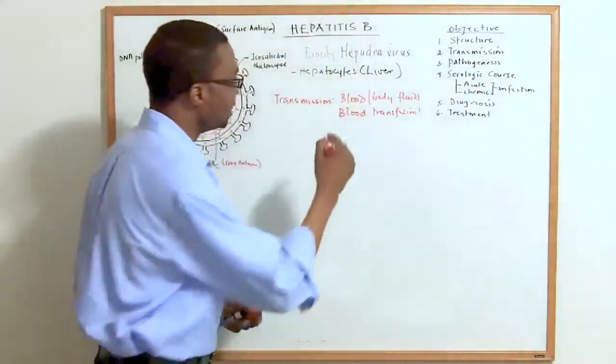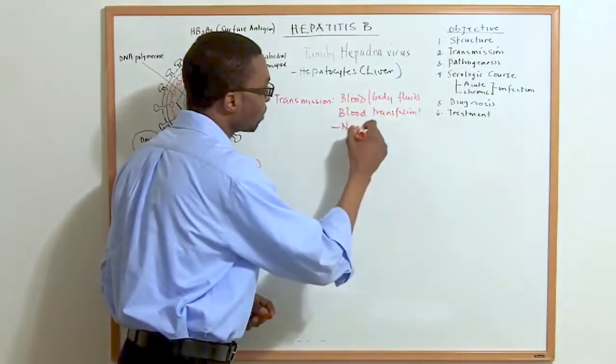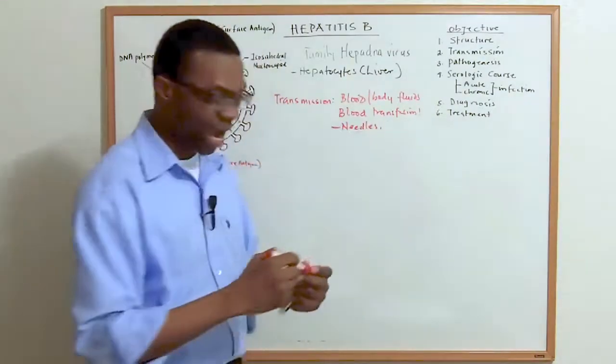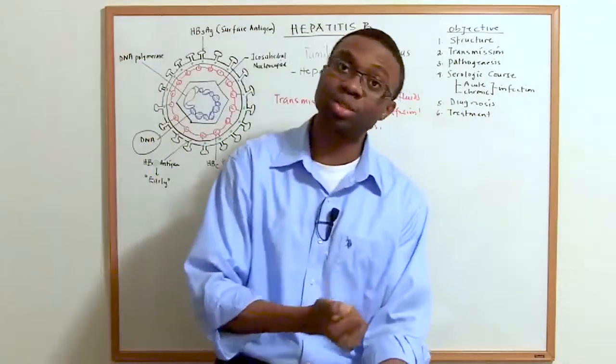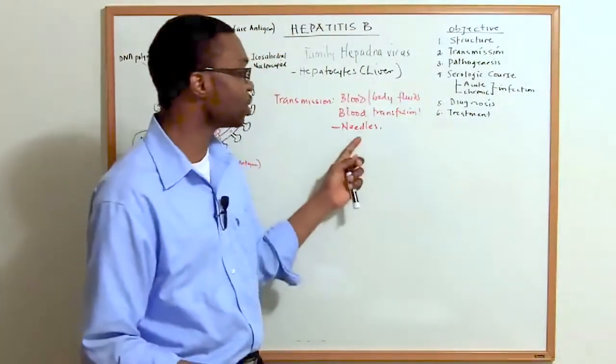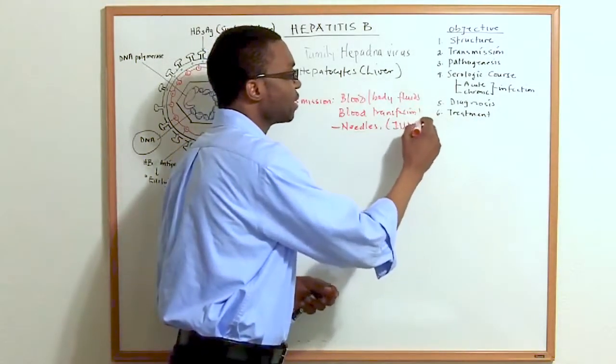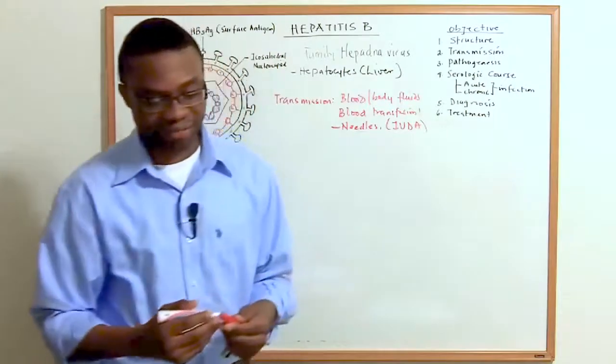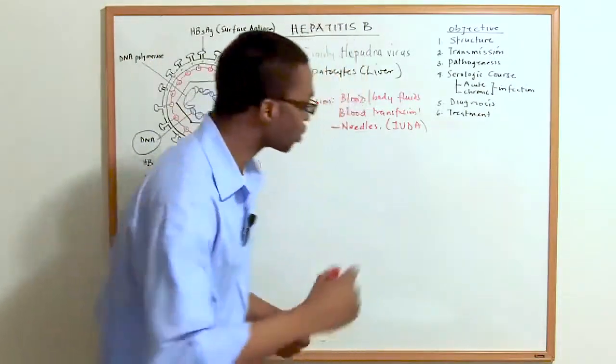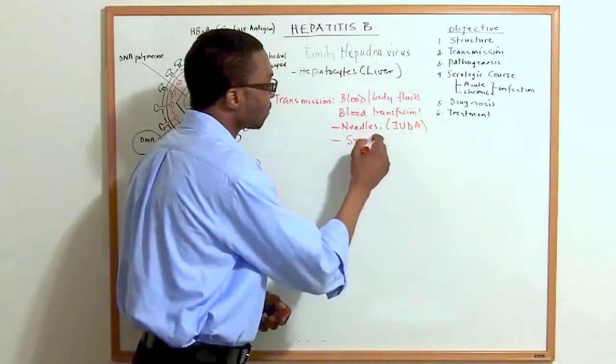Also, remember needles. People that do IV drug abuse, right? They share needles. If somebody has hepatitis B and you share the same needles, they can get infected. IV drug abuse, IVDA. Also sex, right?